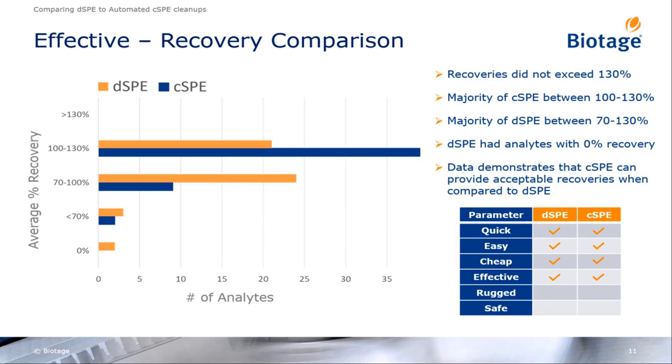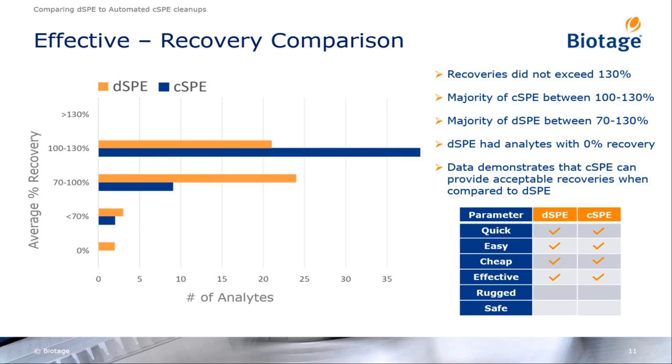One being recoveries for both formats did not exceed 130%. The majority of the column-based recoveries were between 100 and 130%. The majority of the dispersive SPE recoveries were from 70 to 130%.